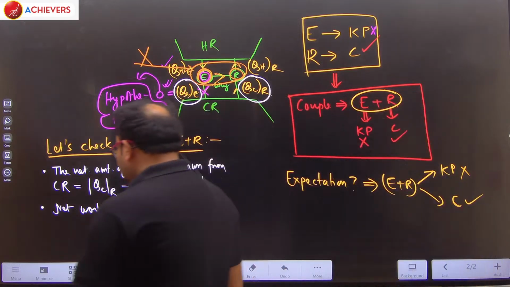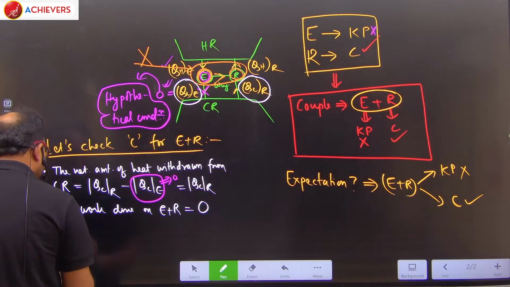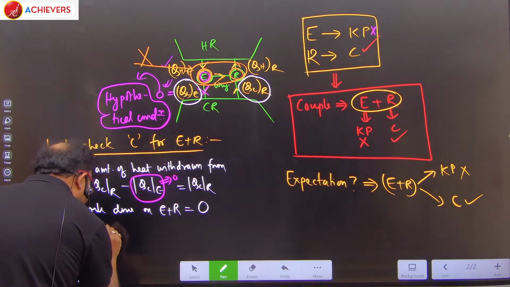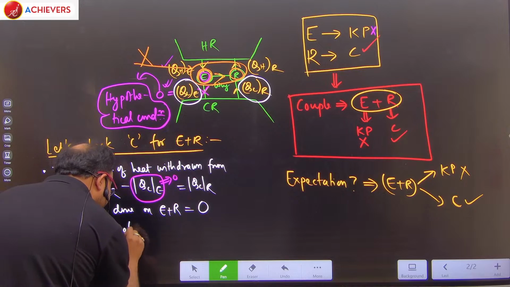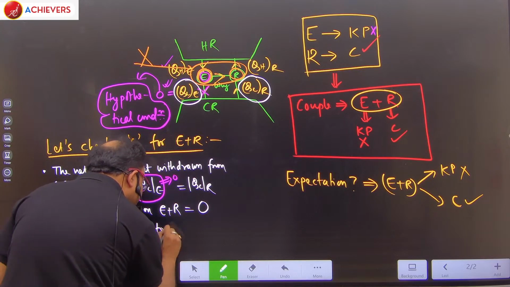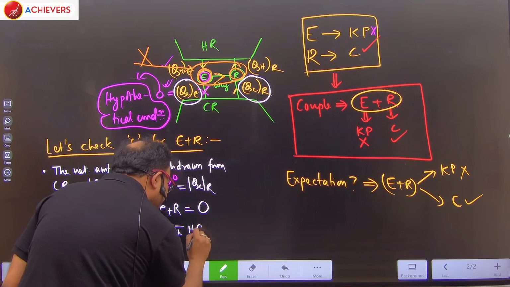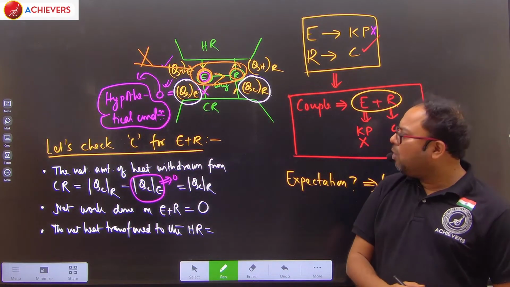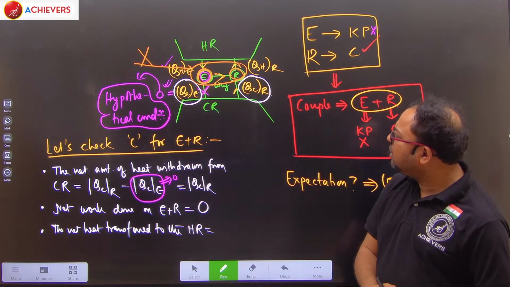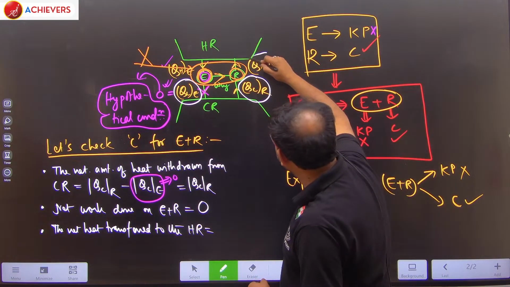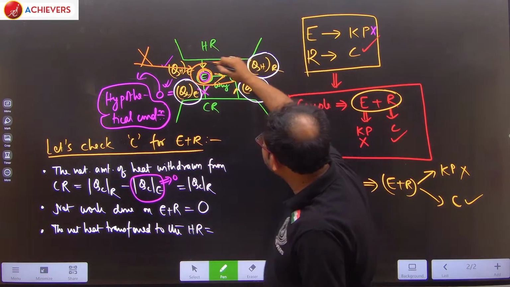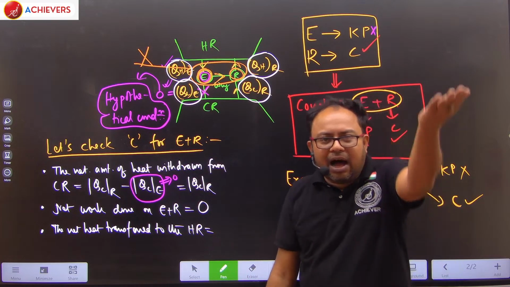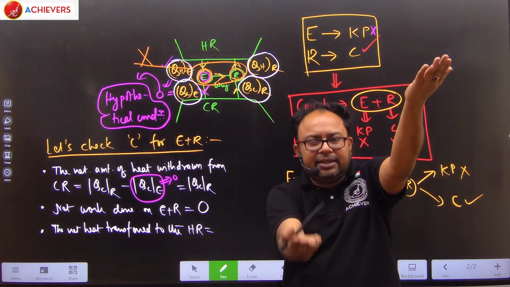Now, next, the net heat transferred to the HR. What is the net heat transferred to the HR? See, QHR is being transferred, QHE is being withdrawn.